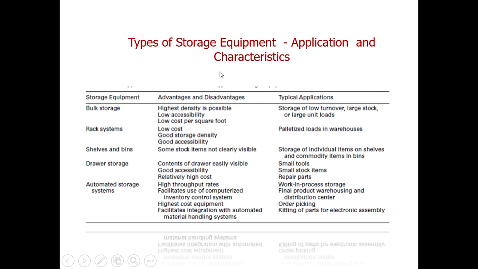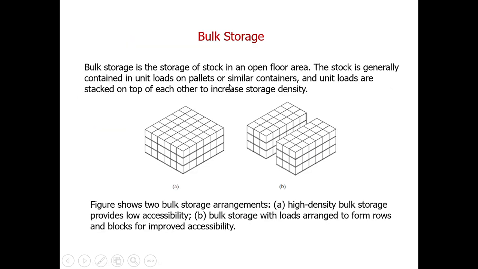So if you see the storage equipment, there are different types of storage equipment you'll find. You can go for high density bulk storage, but it provides low accessibility, whereas bulk storage with loads arranged to form rows and blocks is used for improved accessibility.